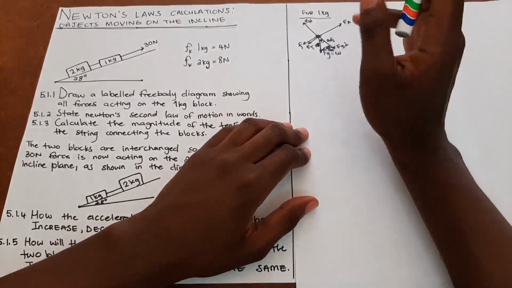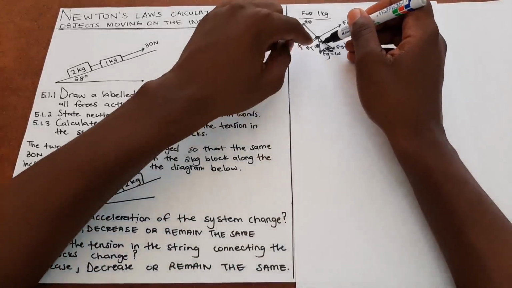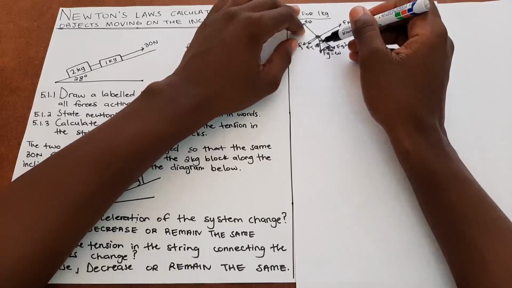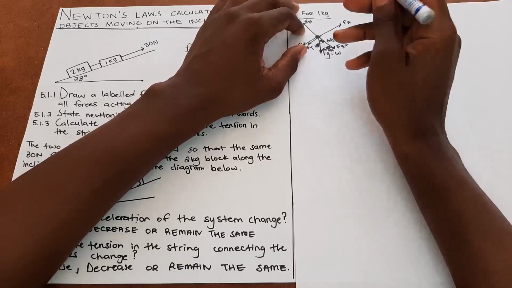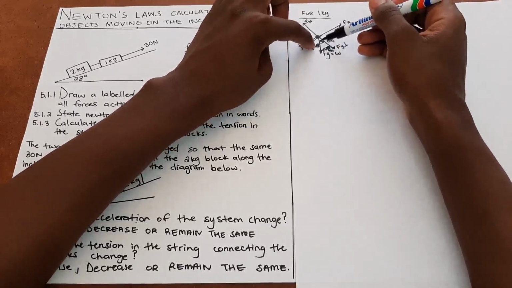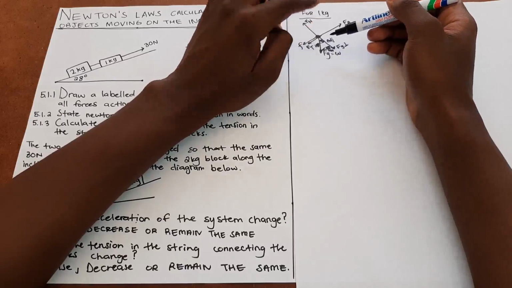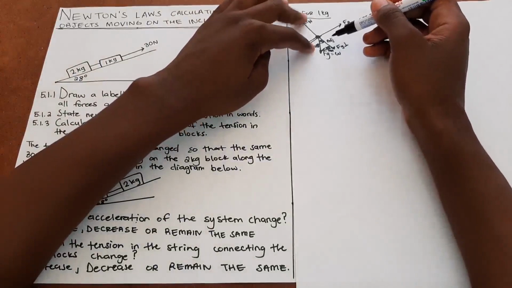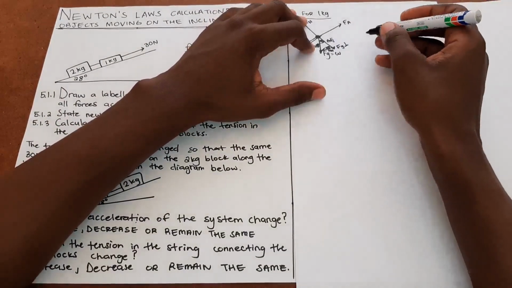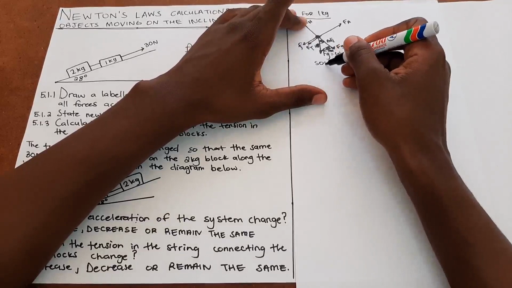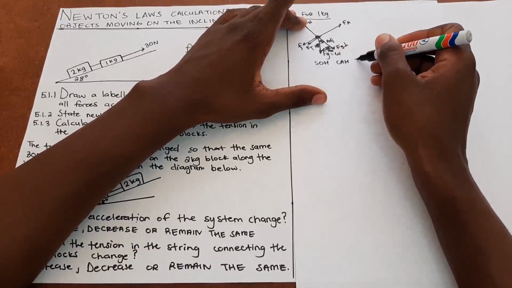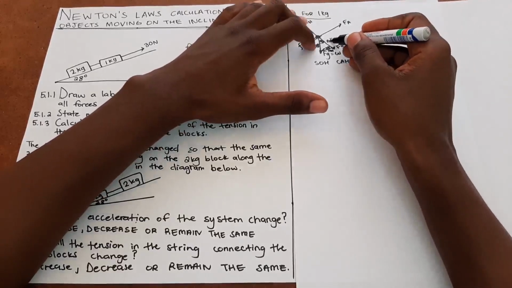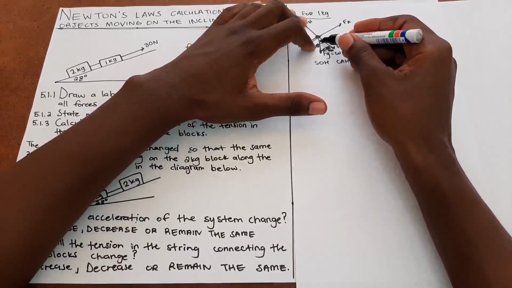So now we have to look for theta. This is our theta here. Theta is formed by which sides of this triangle? The hypotenuse side and the adjacent side. In our trigonometric ratios we have SOH CAH TOA. CAH is adjacent over hypotenuse, forming this angle theta.